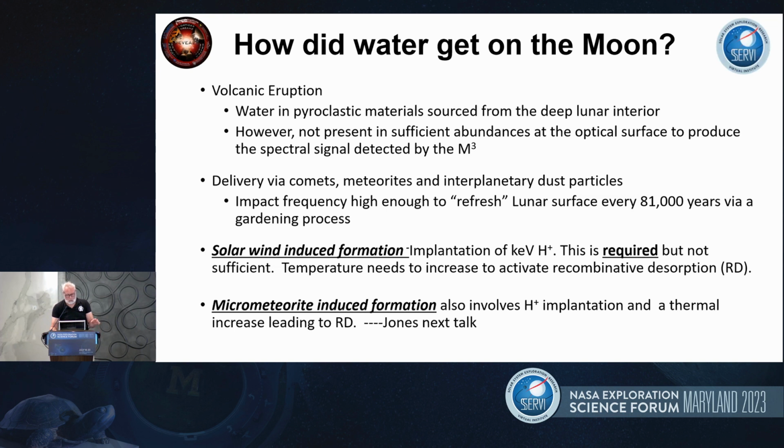Unless it's directly interacting with iron oxide, it's more likely that there's this two-step process. You get a massive temperature increase with micrometeorite bombardment. This does for sure induce a lot of water formation, assuming that you have significant hydrogen implantation.